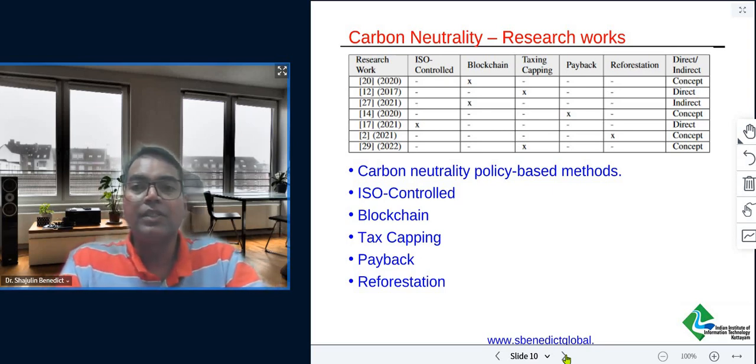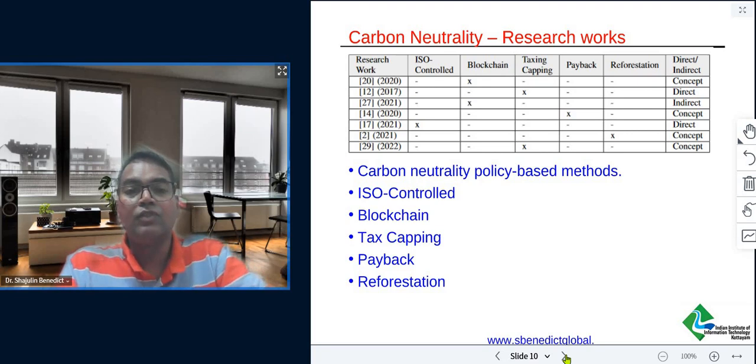That will be a little bit expensive, but that's also kept as policy, because you are paying back to the society by neutralizing the carbon emissions. Or providing reforestation.